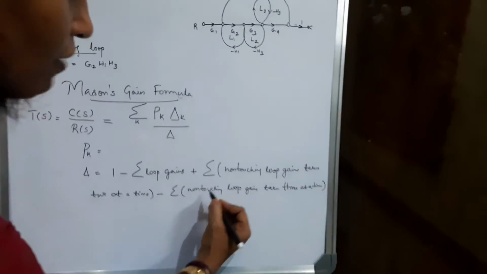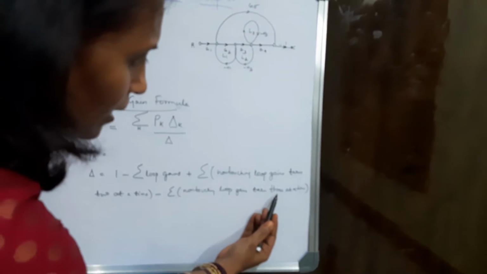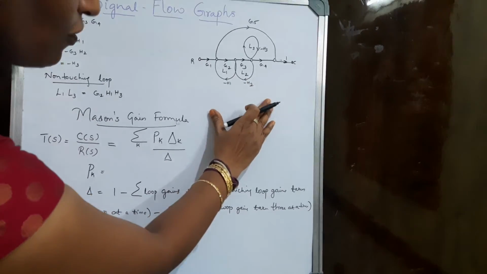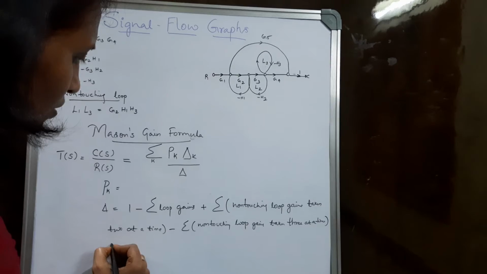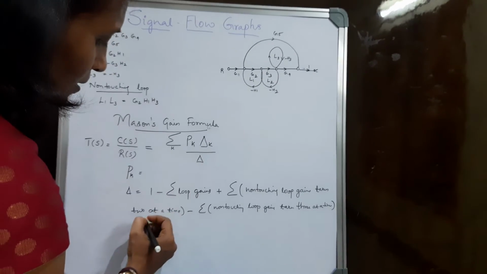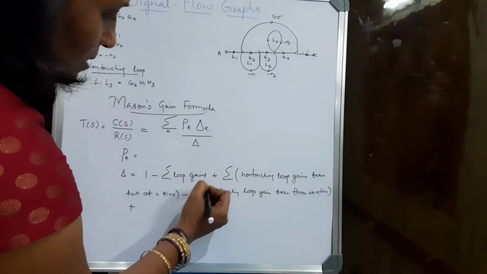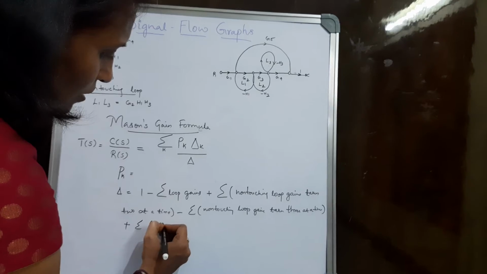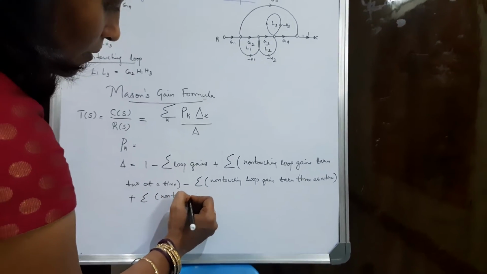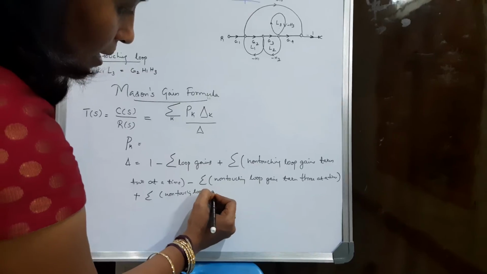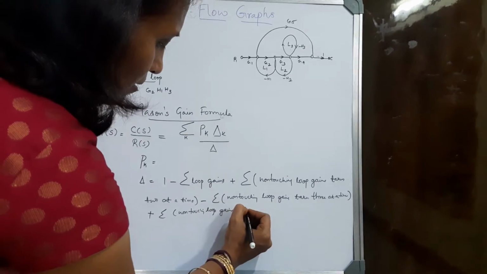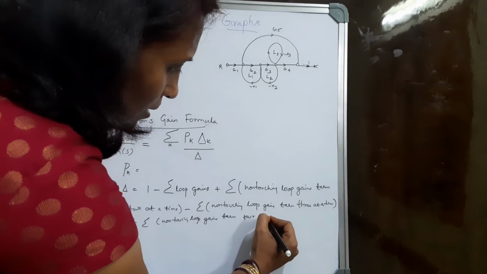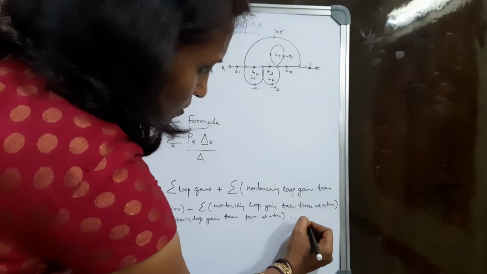So like this we have to find out taking 3 loops at a time, taking 4 loops at a time, depending upon the number of loops present in the respective problem. So like this it goes on alternately. It's an algebraic summation, that is alternate plus minus, after minus it becomes plus, summation of non-touching loop gains taken 3 at a time, now it becomes 4 at a time, and so on and so forth.